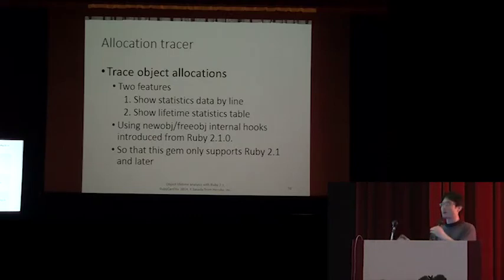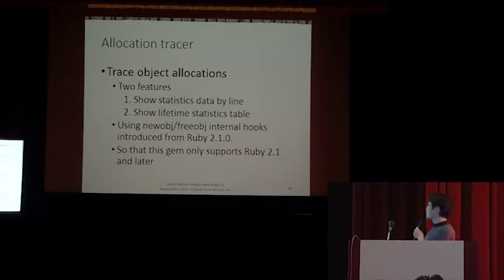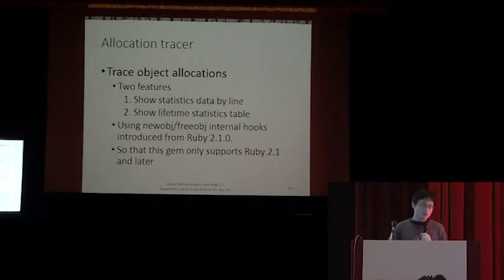I will show you the demo, so it is easy to understand. This feature uses the new object and free object internal hooks introduced in Ruby 2.1.0. So you need MRI Ruby 2.1 or later to use this allocation tracer.